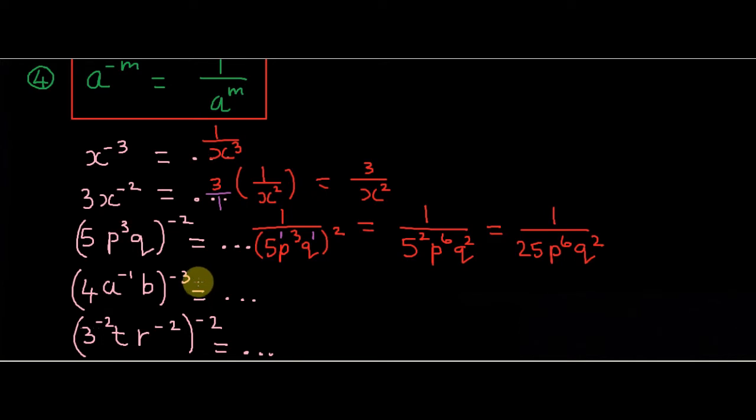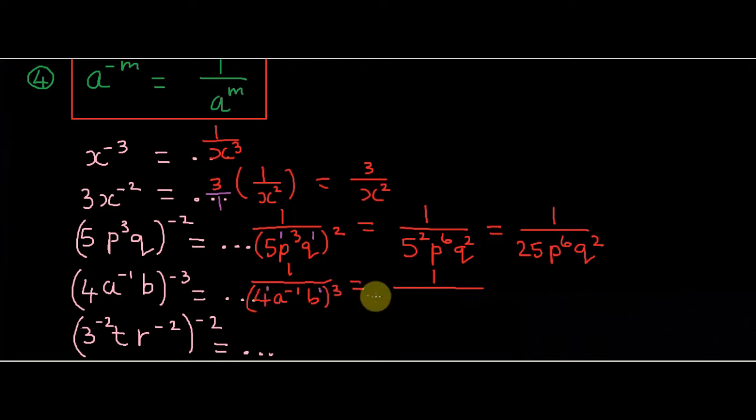We can do the same kind of thing here by first writing it as 1 over everything, and the power becomes positive. And now we can apply the power inside the brackets by multiplying the powers out. The 4, of course, has a 1 here that we don't write, and the b as well.